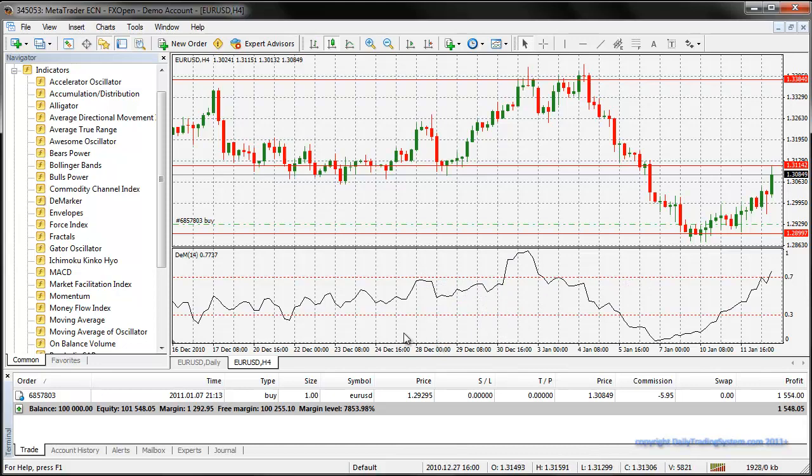Overbought areas are areas when this 0.7, when that's broken, lets you know that you're overbought, and when it comes down and revisits the 0.7 level, that's the time to go short. Then as the market starts to come down a little bit, we're now into oversold territory, so anything below 0.3 is oversold.